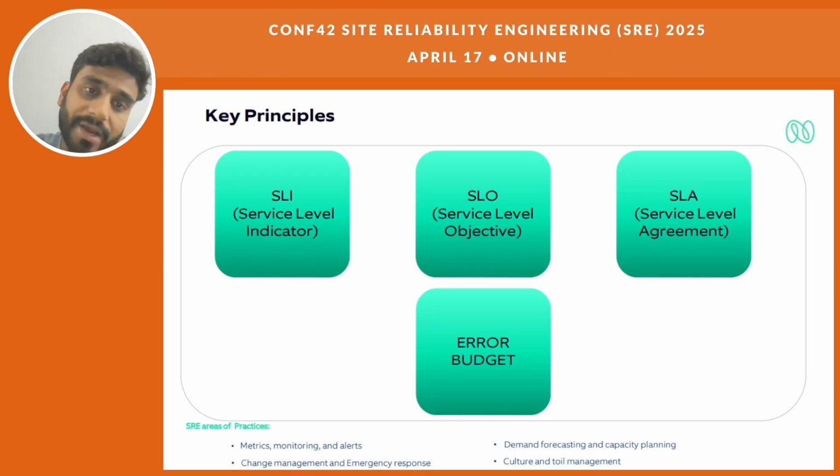But before moving to the error budget, we need to understand that there is a misconception in SRE: that we should always aim for 100% system reliability. But that is not the core idea. If we look for 100% reliability, it means our system is available 100% of the time and should be up every time.